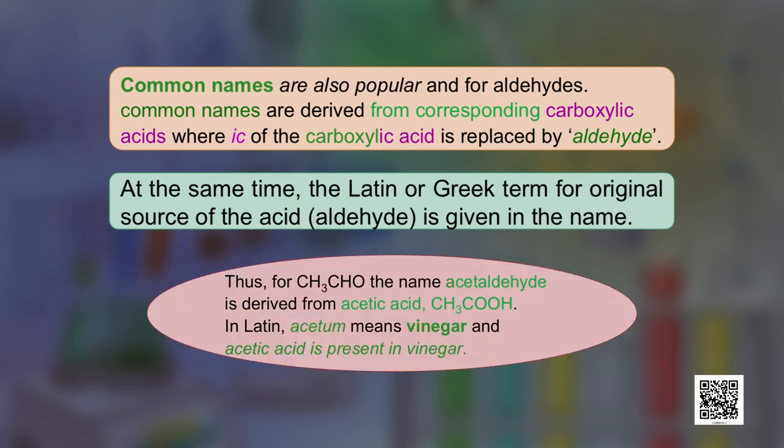Thus, for CH3CHO, the name is acetaldehyde, which is derived from the word acetic acid. What is acetic acid? It is CH3COOH, and in Latin acetum means vinegar, and you know that acetic acid is present in vinegar.